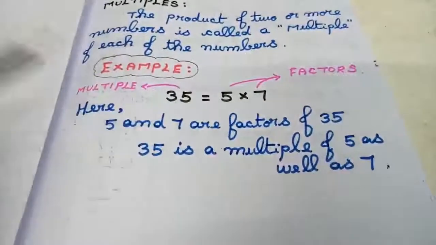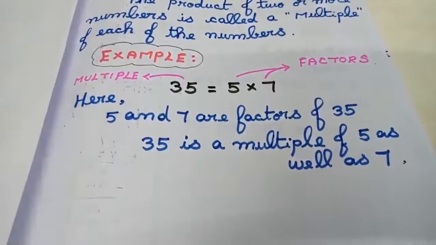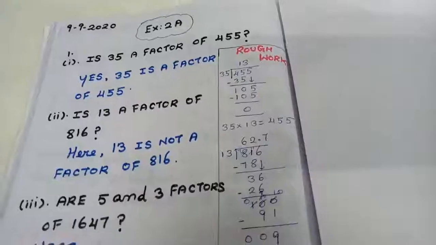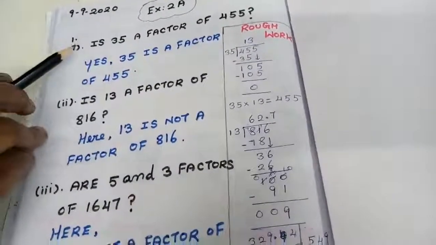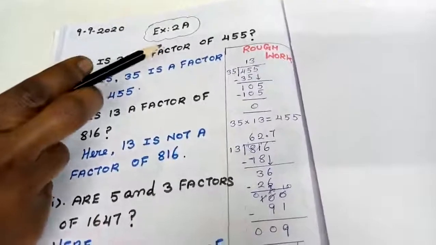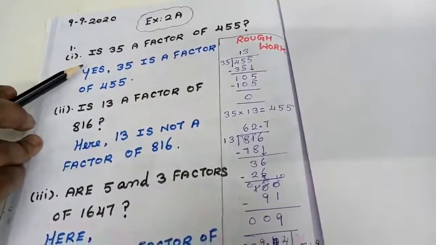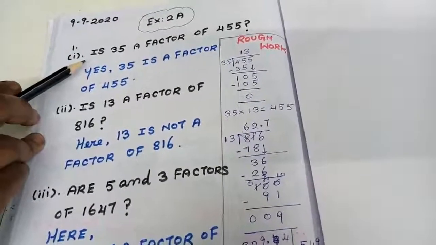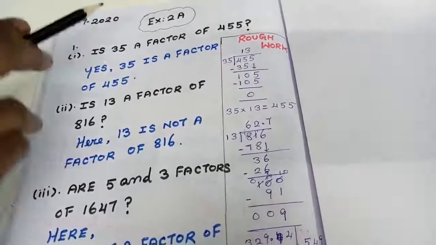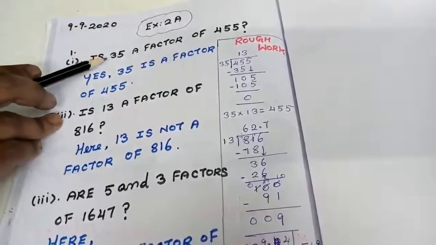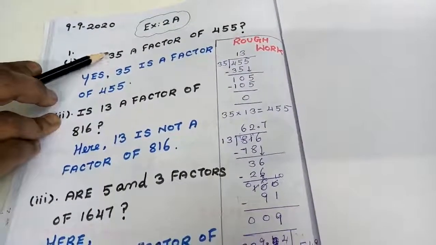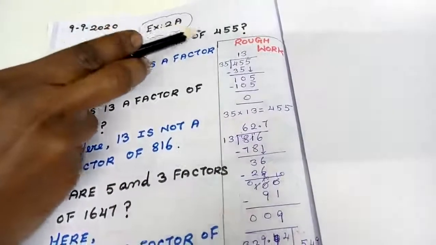Based on this idea, we are going to start with the sums. Exercise 2A, first sum: is 35 a factor of 455? Whenever they ask whether a particular number is a factor of the given number, what is the question here, students? They are asking you to check whether 35 is a factor of 455.